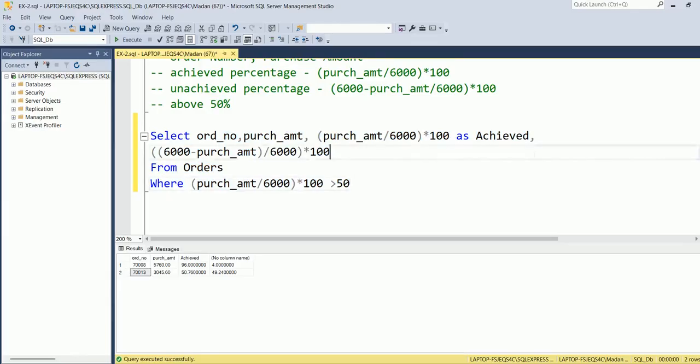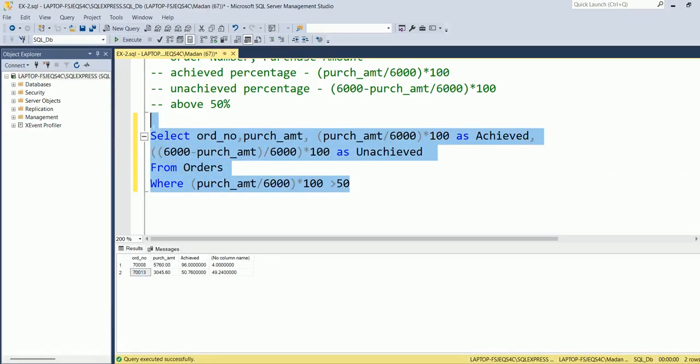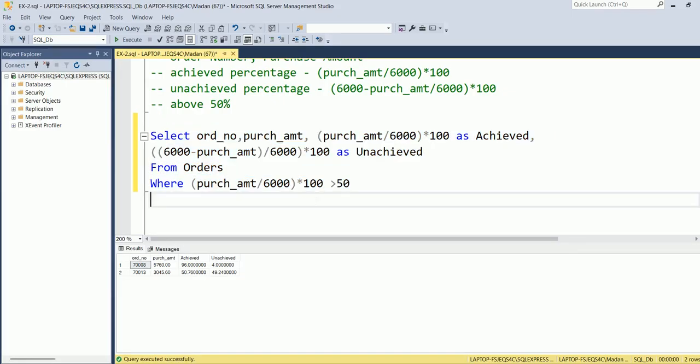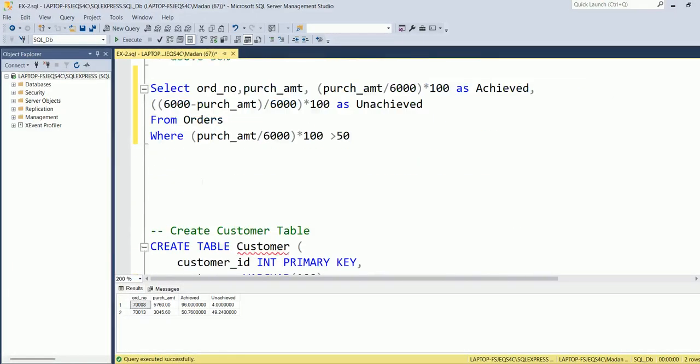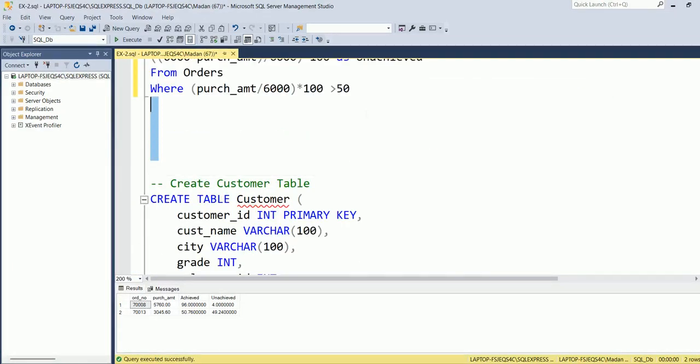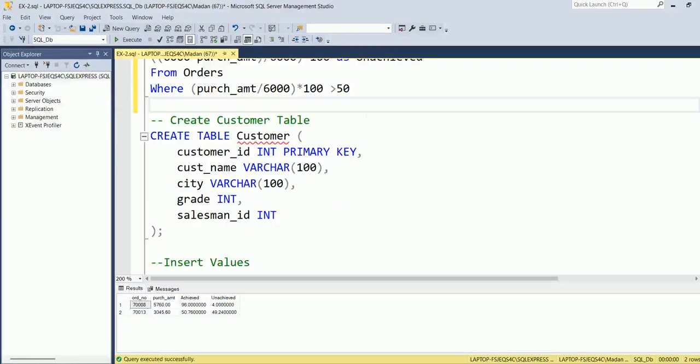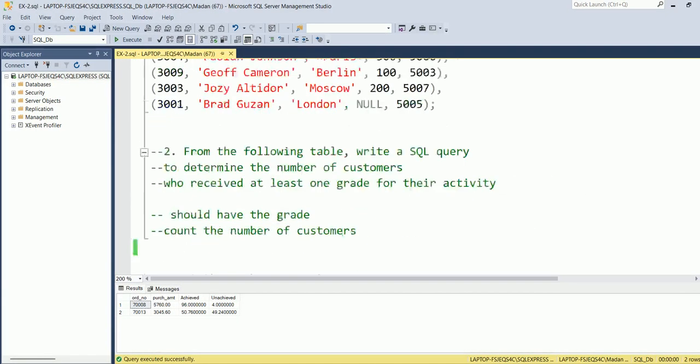Oh, here I forgot to give the column name, unachieved. So now, perfect, we are getting two orders. So this was the query for this problem. I will share the file link in the description. You can refer to it.